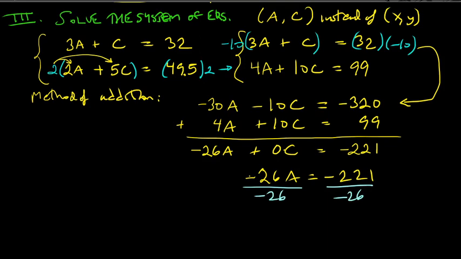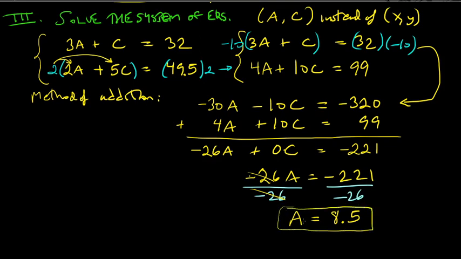And when you do that, we get A. Right? So the negative 26 divided by negative 26 is 1. 1 times A is A. And the negative 221 divided by negative 26 is 8.5. Right? So we're halfway done.